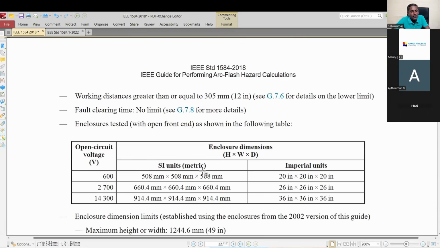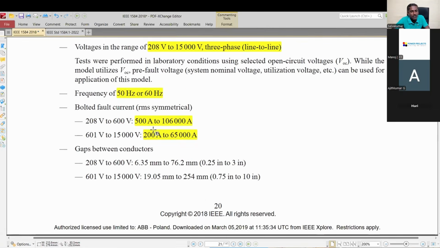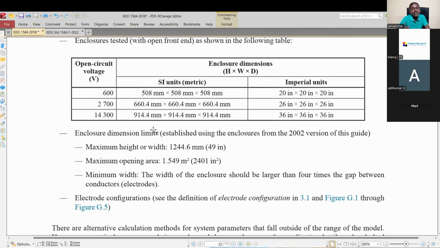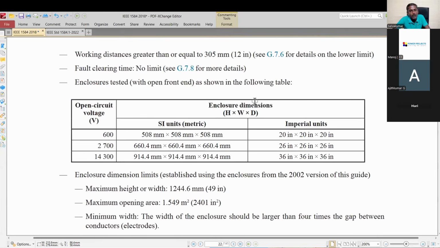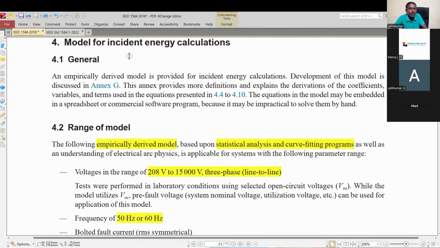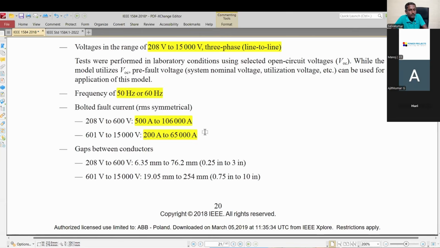It is applicable only in this range because it's not a mathematically derived formula, it is an empirical formula, and this is how the model has been developed with statistical analysis and curve fitting programs. So this is developing a model for incident energy calculations.